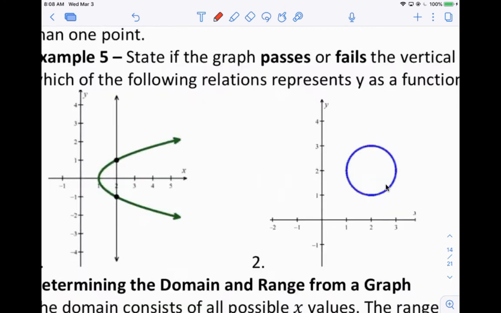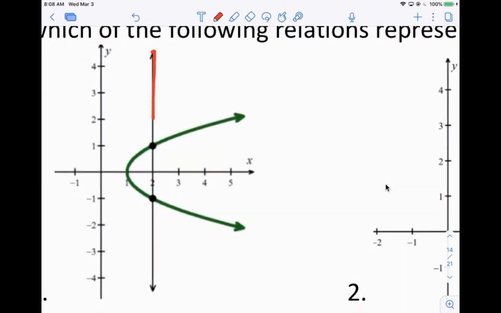So let's look at this first guy here. When we draw a line down this function, a vertical line, we see that this one place, x equals 2, has 2 points, (2, 1) and (2, -1), and therefore this is not a function. That's what we call failing the vertical line test. A vertical line will instantly show you if you have one x value going to two different y locations.